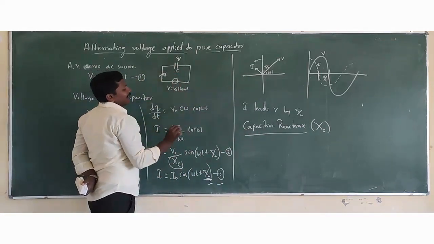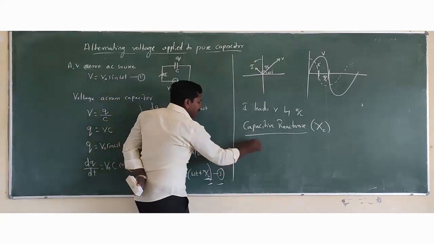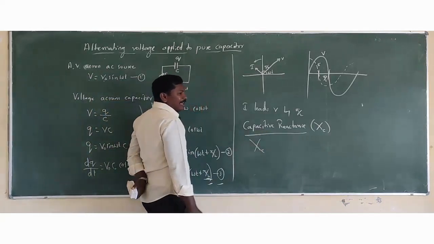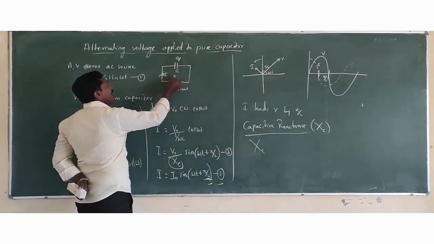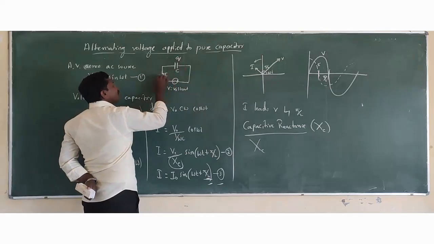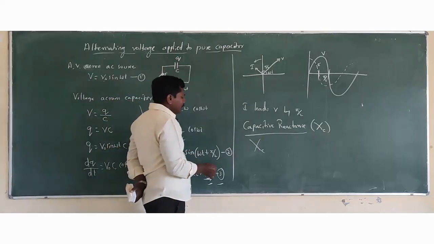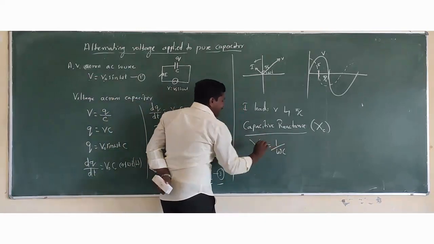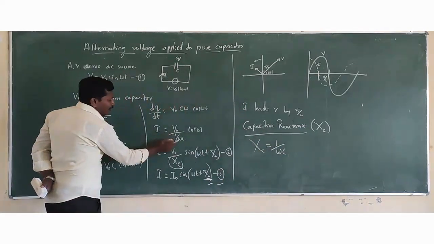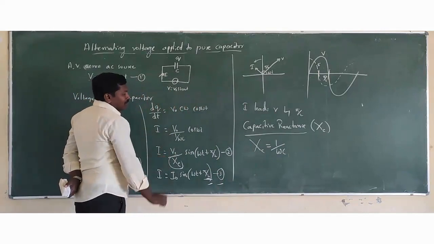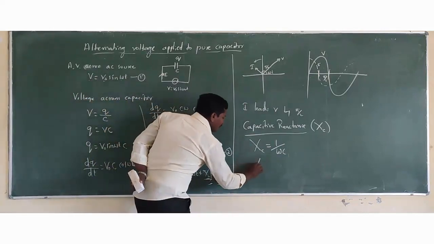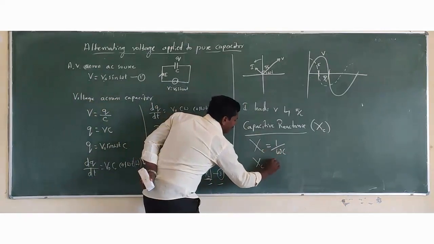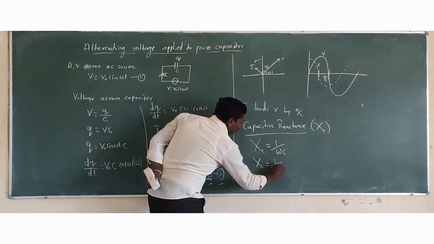So 1 divided by omega C we took as the capacitive reactance, where omega can be written as 2 pi into nu.